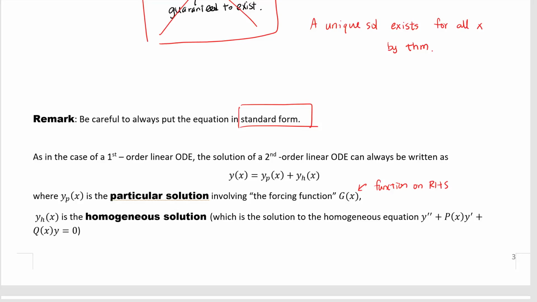Remember, our standard form is y prime prime equals p of x, y prime plus q of x, y equals g of x. So this is the function on the right hand side. So y_h is the homogeneous solution, which is the solution to the homogeneous equation, the left hand side equal to 0.